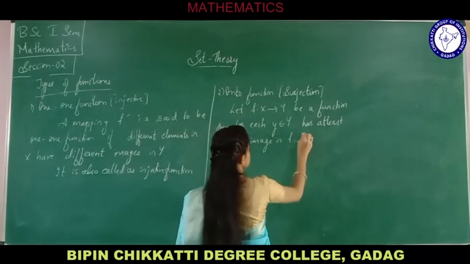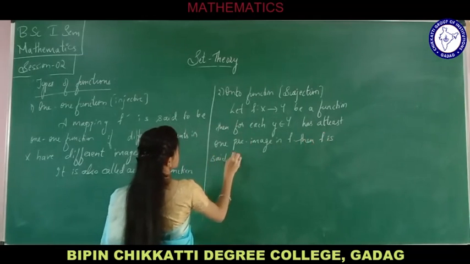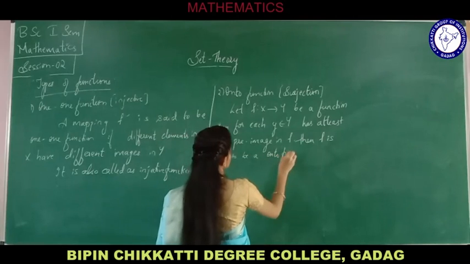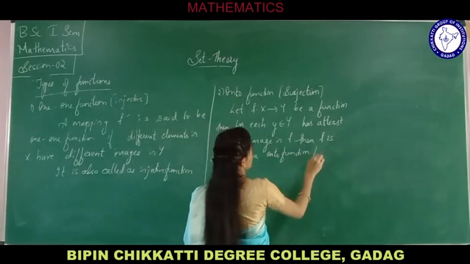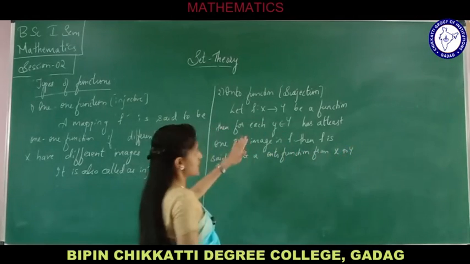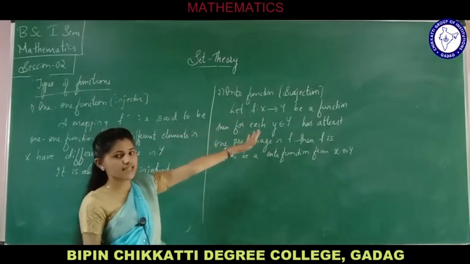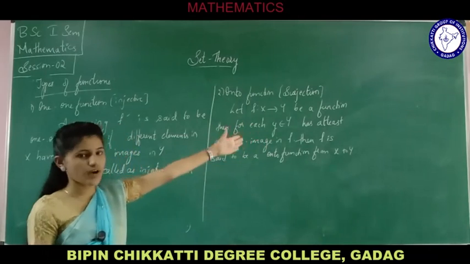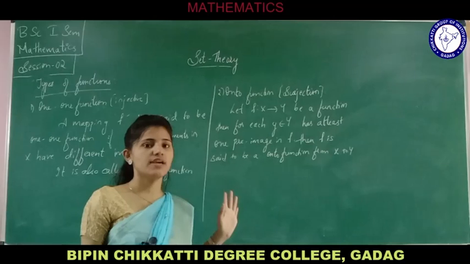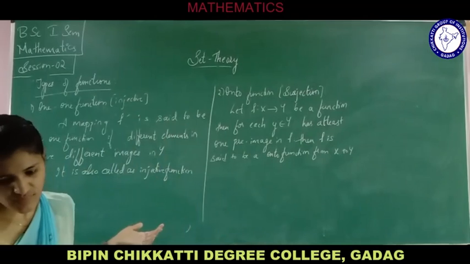Then f is said to be an onto function from x to y. That is, f from x to y is a function such that each element y belonging to Y has at least one pre-image in x under f.